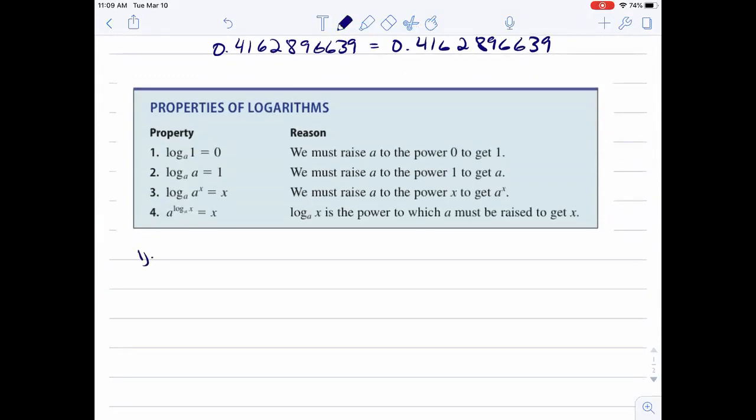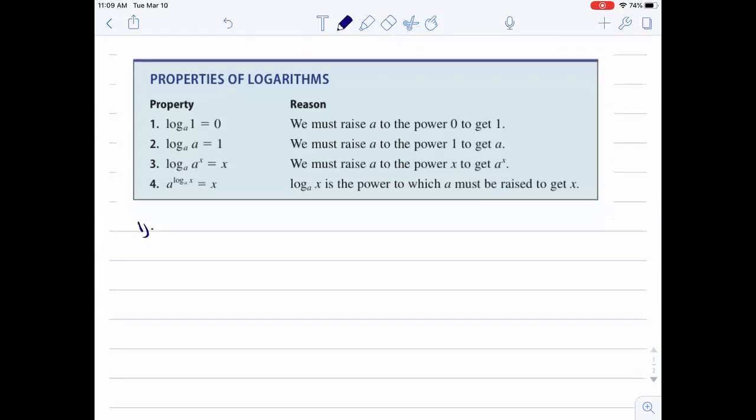The log of any base of 1 is going to be 0, right? Because remember, the exponential function passes through 0, 1. And then if the log is the inverse of that, it's going to pass through 1, 0.